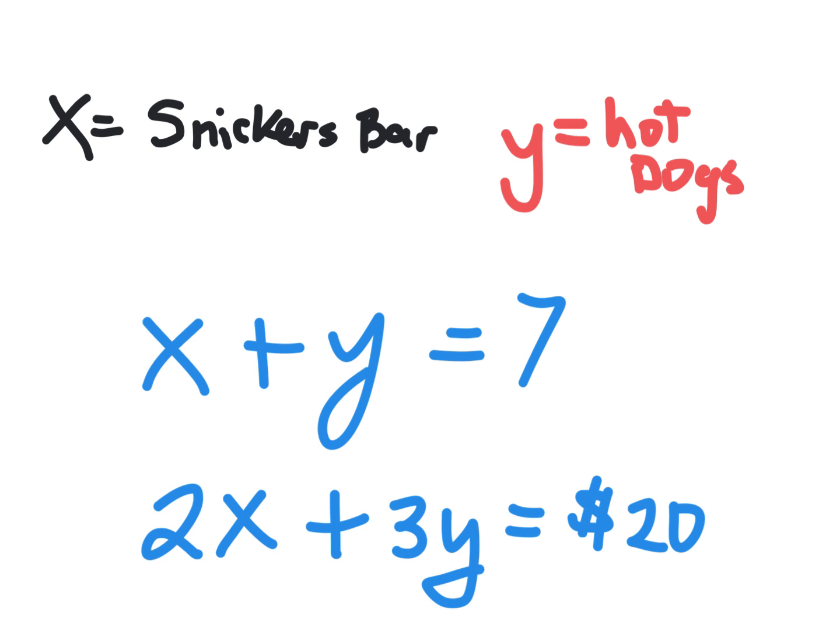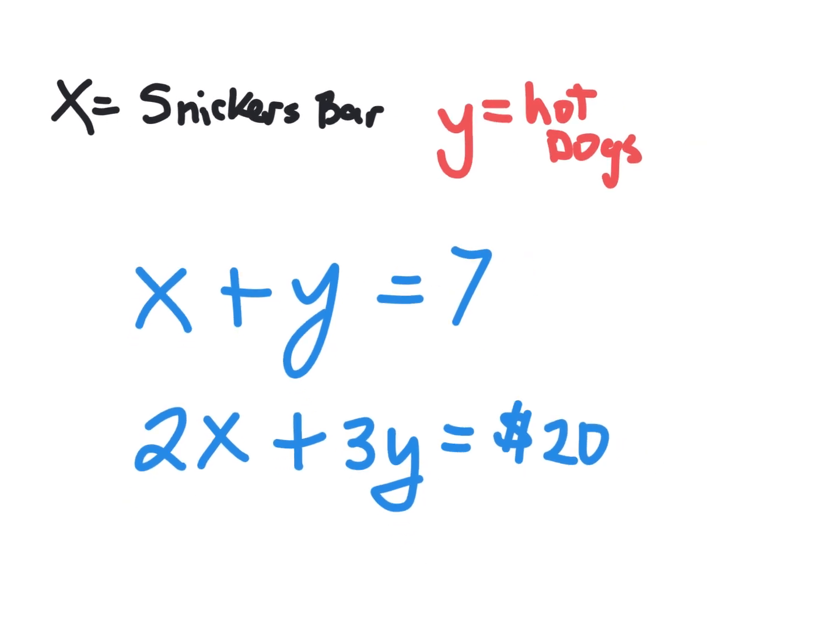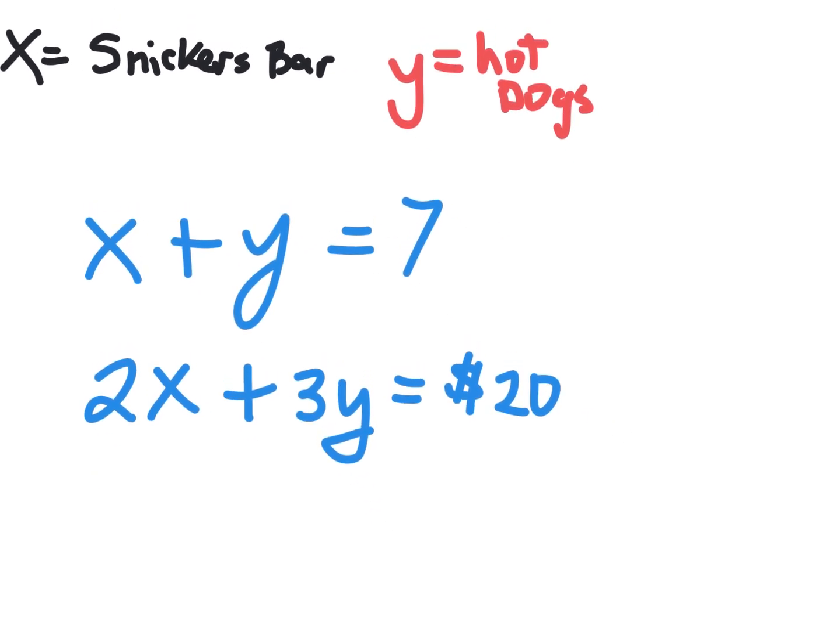Do you get we have a system of 2 equations, and we could solve this and figure out how many hot dogs you got and how many Snickers bars you got? Now, pause for a minute though. Do you get how I wrote that equation? I had 2 of the Snickers bars and 3 of the hot dogs, and it cost me $20. You see how that's an equation?